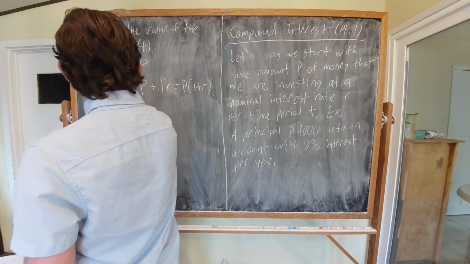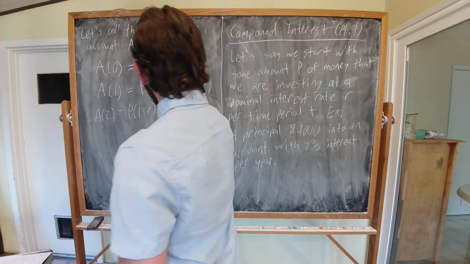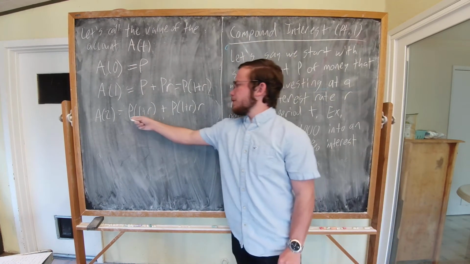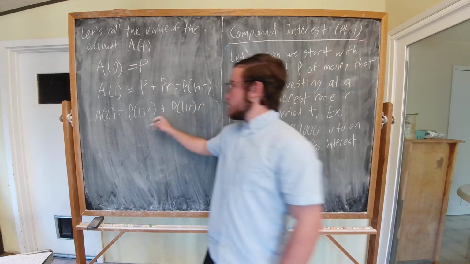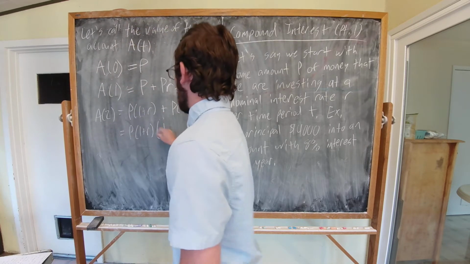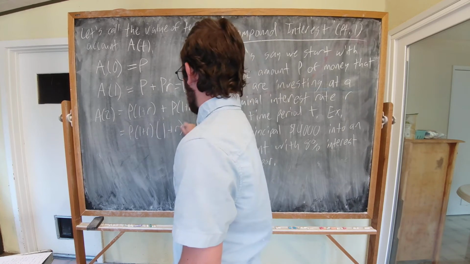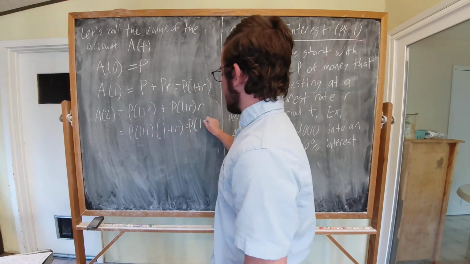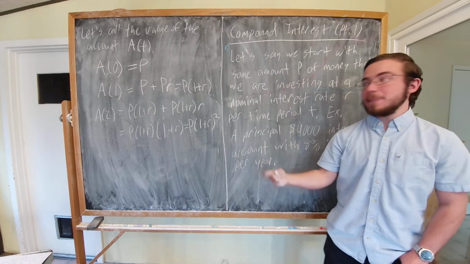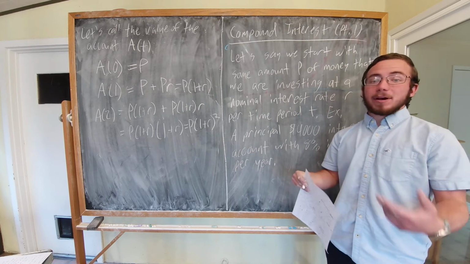So it would be P times 1 plus R plus P times 1 plus R times R. If you factor out the P times 1 plus R, that times 1 plus R, or in other words, P times 1 plus R squared. And this process would continue. Every time it compounded, you would just add another factor of 1 plus R. That's how compound interest works.